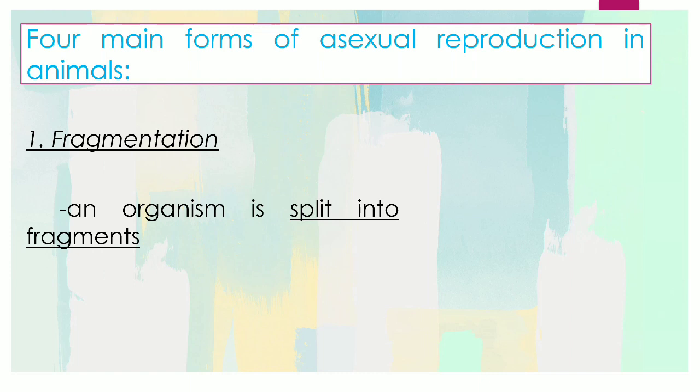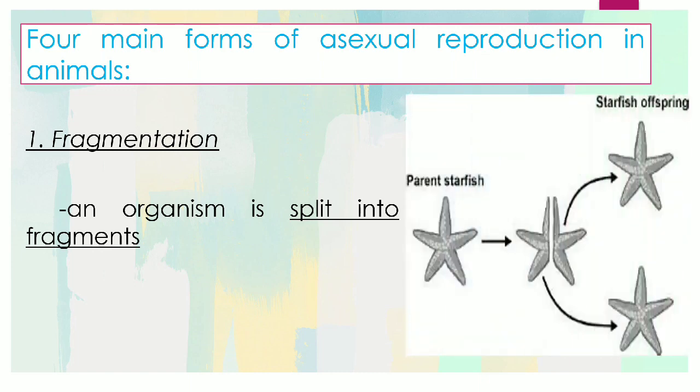Each of these fragments develops into a mature, full-grown individual that is identical to its parent. Example, the reproduction of the starfish. As you can see here, the body of the parent starfish is split into fragments, and these fragments form a new offspring.